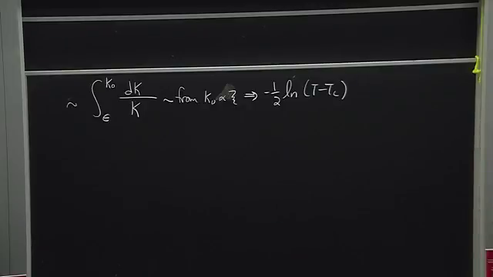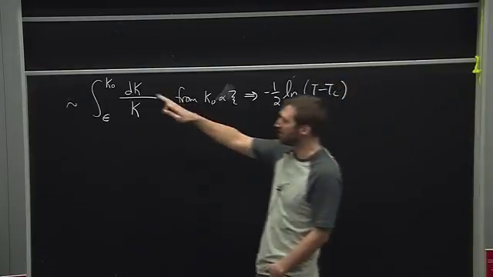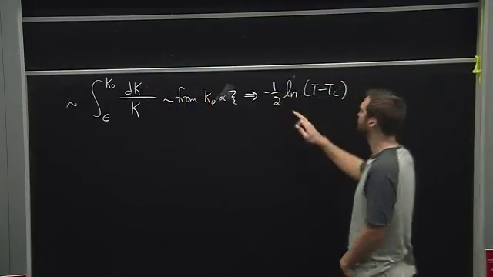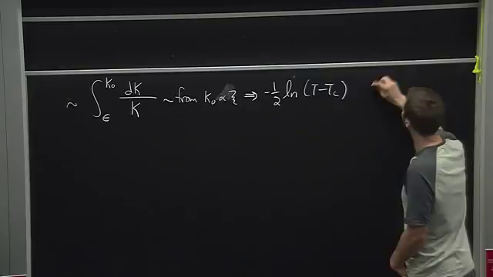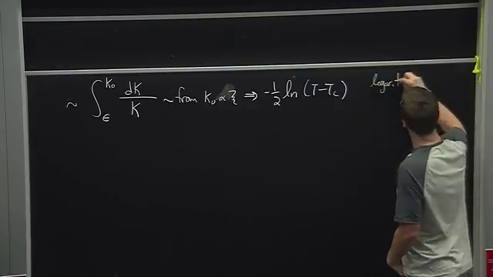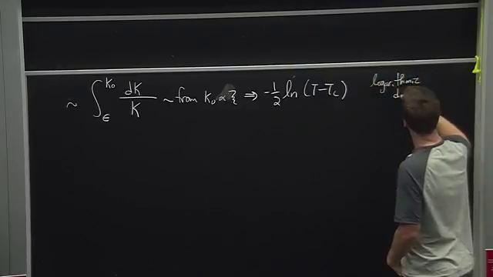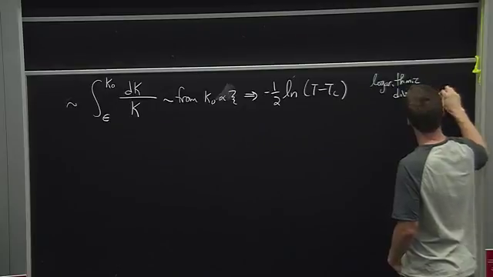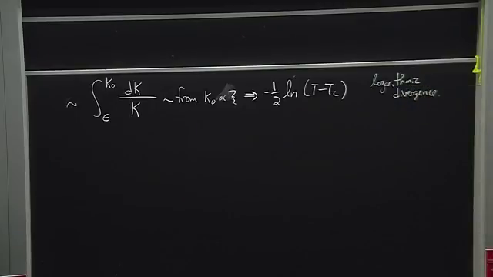So when you hear people say that there's a logarithmic divergence right at the upper critical dimension, it just comes from the upper limit of that momentum integral. Okay, it's just a special case.